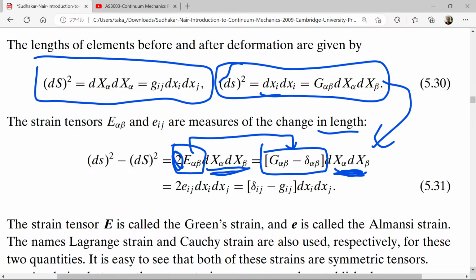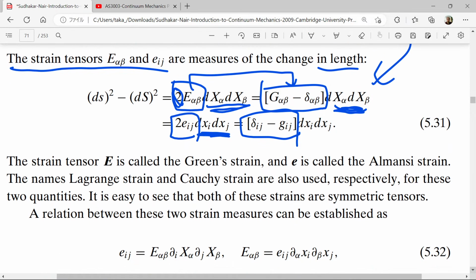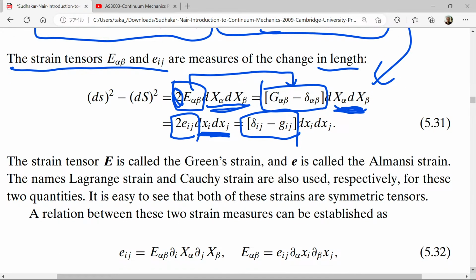From here, it's straightforward, I think. Then if you use small xi, small xj, you use small eij, and the definition is like this. So this is called strain tensor. The strain tensor large E is called a Green's strain, and small e is called Almansi strain. The names Lagrange strain and Cauchy strain are also used, respectively.